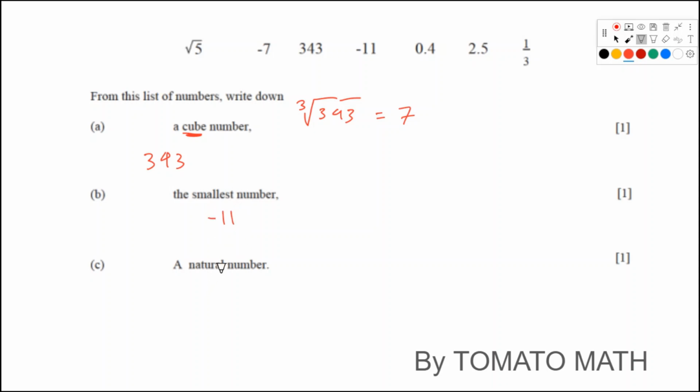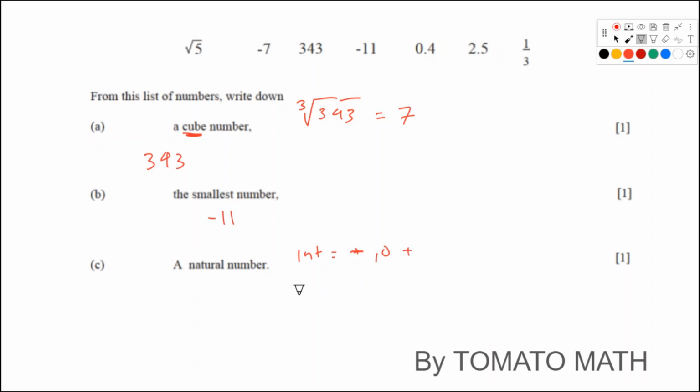A natural number. So we know from the mnemonic, I want noodle. I is for integer, which consists of negative, 0, and positive.